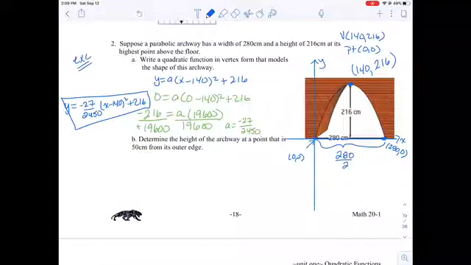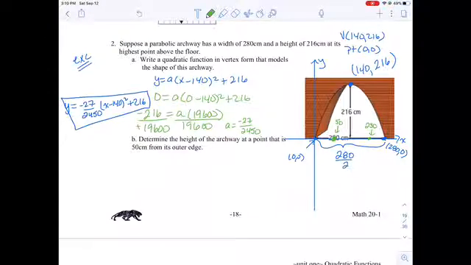Then it says determine the height of the archway at a point that is 50 centimeters from its outer edge. So if I want to go 50 centimeters from the outer edge, that means I'm looking at an x value here of either 50 or a value here of 230. And how am I getting that?